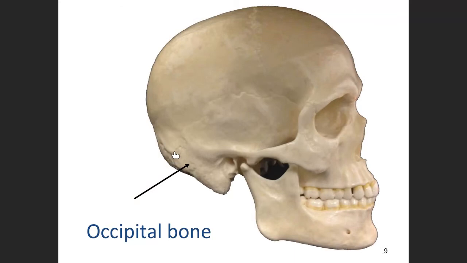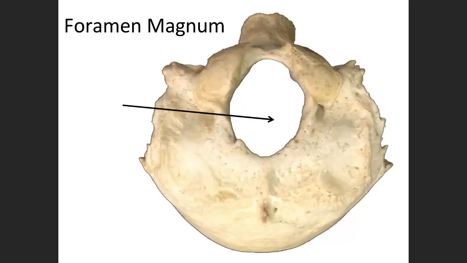Now we're going to talk about a few structures on the occipital bone. I'm going to show you the occipital bone by itself from the interior view. There's the foramen magnum, which is, again, a foramen is a rounded hole. We call this the foramen magnum because this is the largest foramen, the largest opening, in your skull.